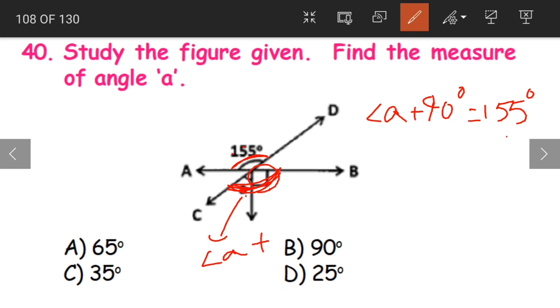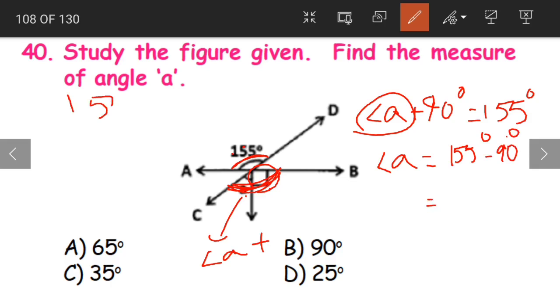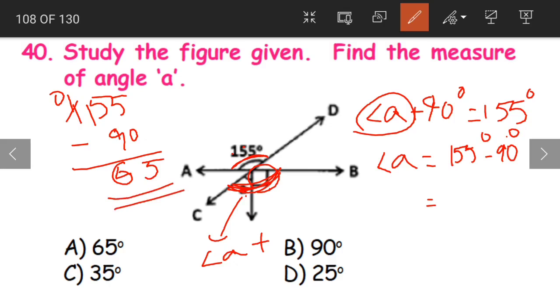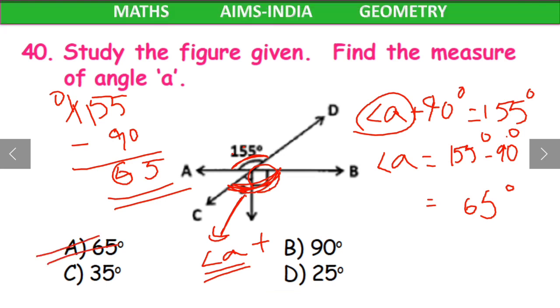Now from this I want to find out only angle A. So angle A will be equal to 155 degrees minus 90 degrees. So 155 minus 90, borrowing, 15 minus 9 is equal to 6. So what is our answer? 65 degrees. Angle A is equal to option A, 65 degrees.